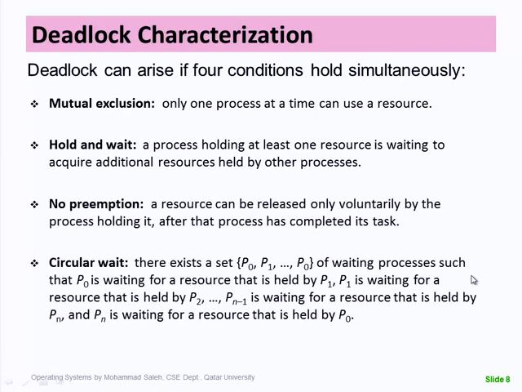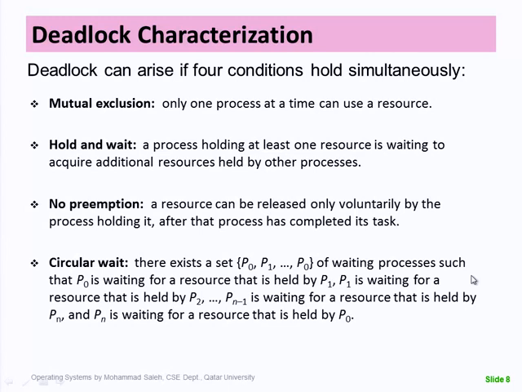So having resources and waiting for its request for additional resources to be granted. The third condition, no preemption. No preemption means the process voluntarily releases resources, not by force. It voluntarily releases resources that it is holding. And the fourth condition is circular wait.